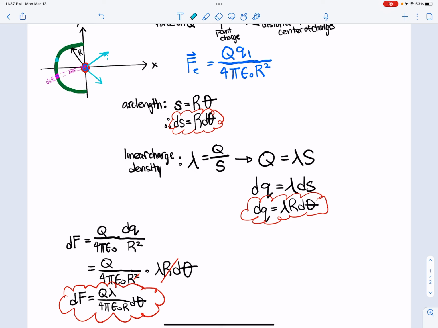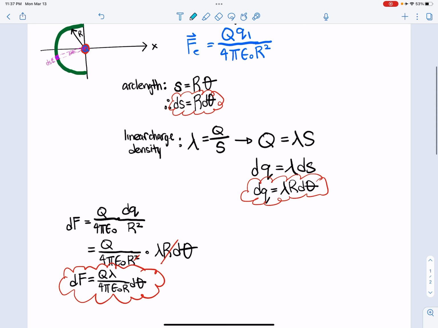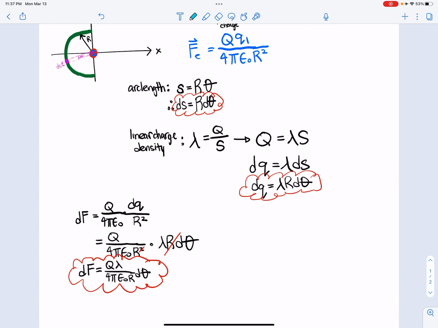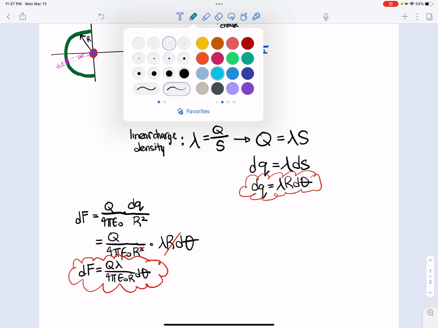So with that being said, due to symmetry, the y components of force are equal in magnitude but opposite in direction, so therefore they cancel each other out.